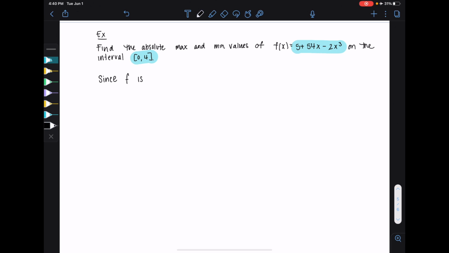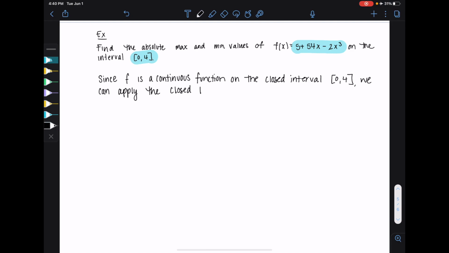So since f is a continuous function on the closed interval from 0 to 4, we can apply the closed interval method. Okay. So you need to make sure you state this. They are hypotheses to be able to use the method.